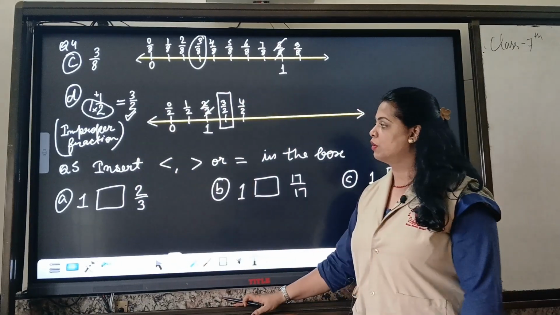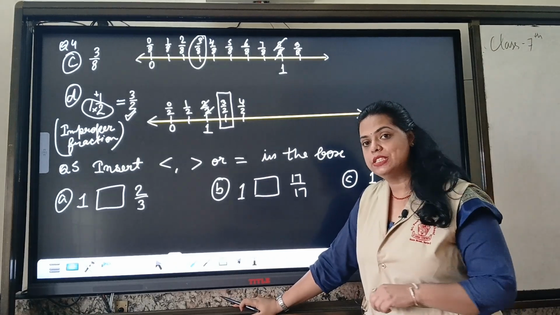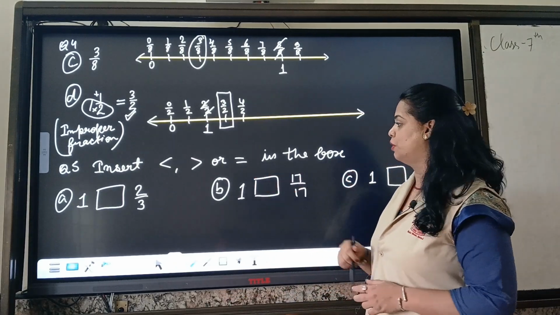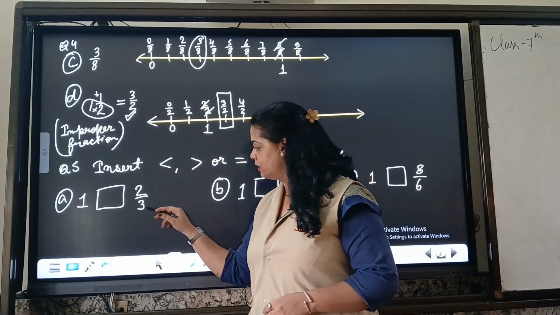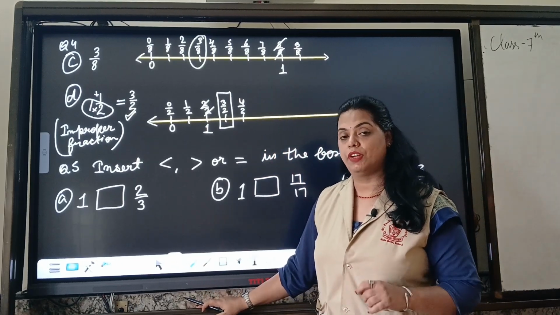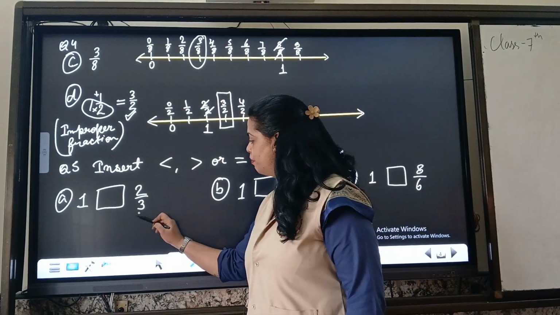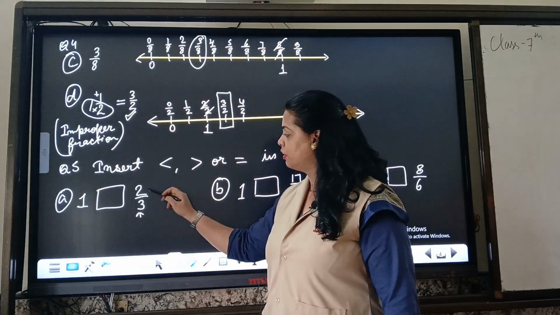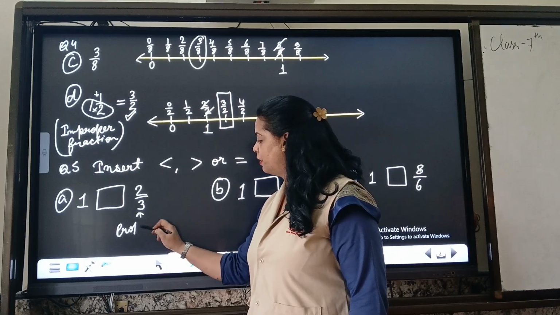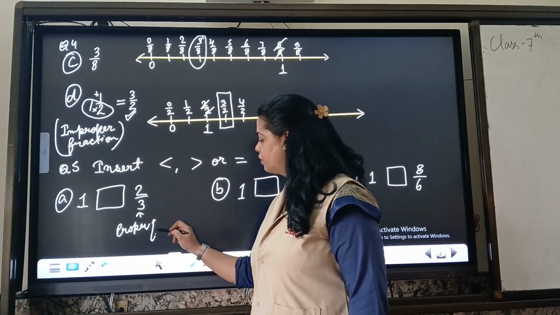Moving towards question number 5, where we have to insert greater than, less than or equal sign in the boxes. Children, you can notice 2 upon 3. 2 upon 3 is a proper fraction. How do I know? Because numerator is smaller. So it is a proper fraction.